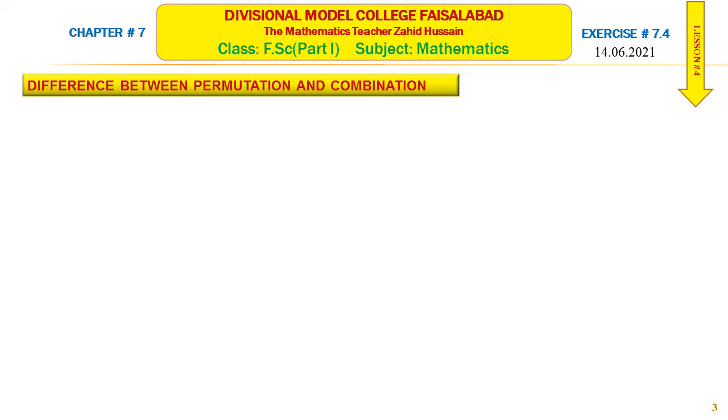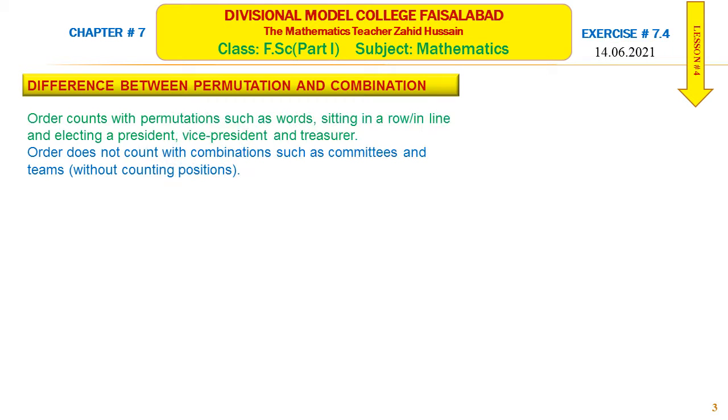Difference between permutation and combination. How will you differentiate between permutation and combination from the statement of the question? Order counts with permutations, such as if in the statement the words sitting in a row or in a line, and electing a president, vice president, and treasurer etc. Order does not count with combinations, such as committees and teams without counting position.